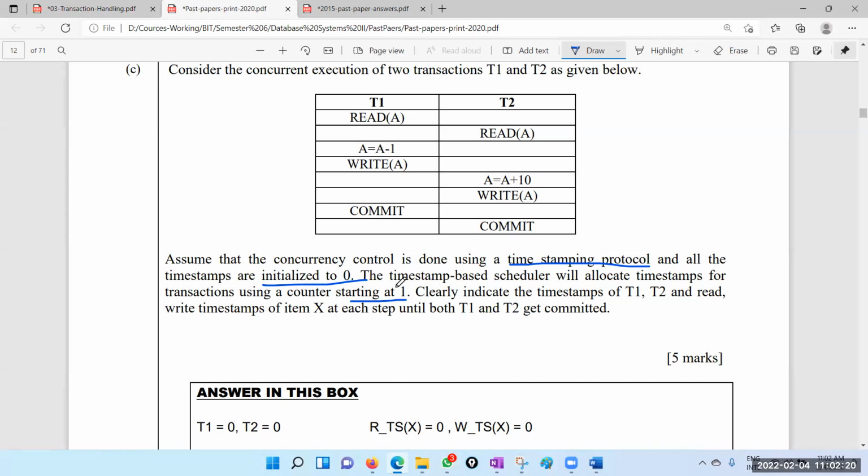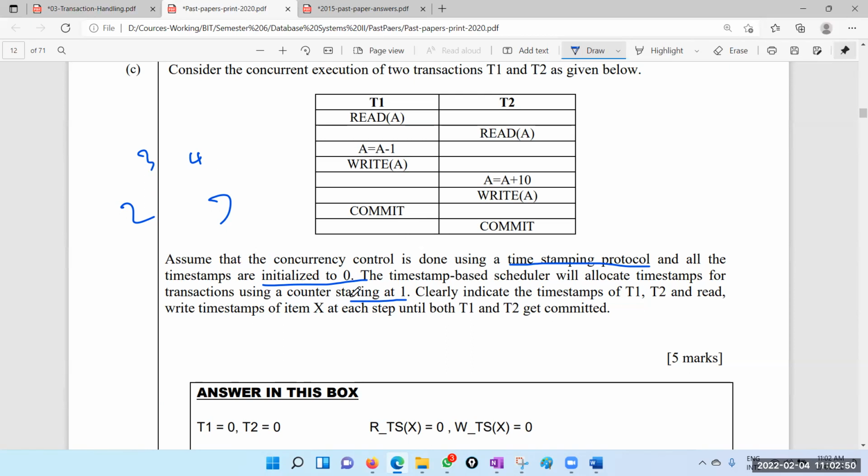What we need is to check which one happens before, which one is younger and which one is older. So numbering like 1, 2, 3, 4 is good enough, because then we know that 4 is younger than 3 and 7 is younger than 2. You don't need the exact timestamp.